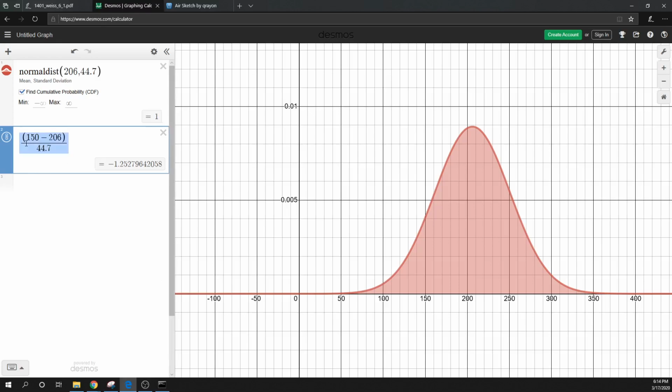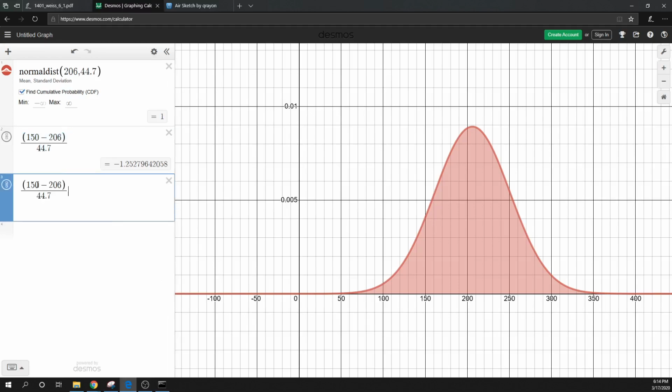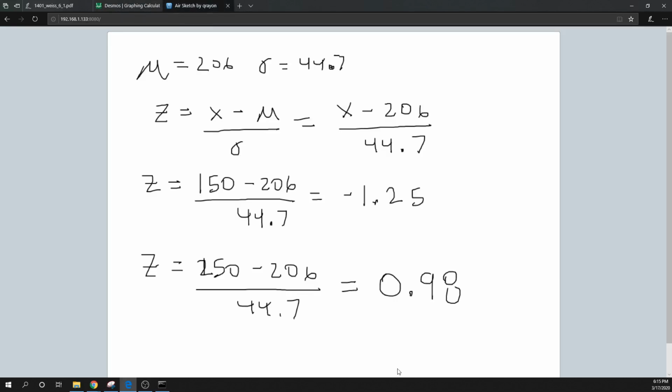Just going to copy this and change that to 250. And so we get 0.98 to 2 decimal places. So those are the answers they're looking for, minus 1.25 and 0.98.